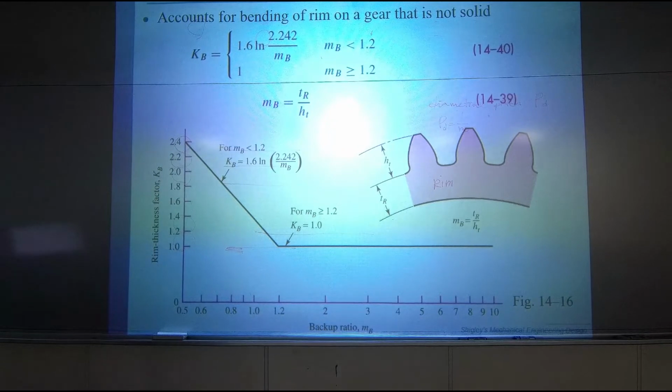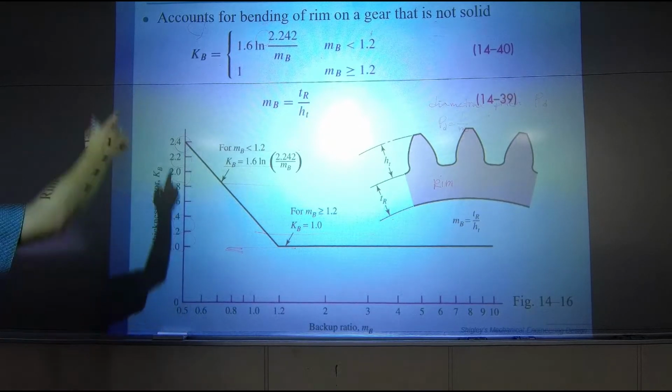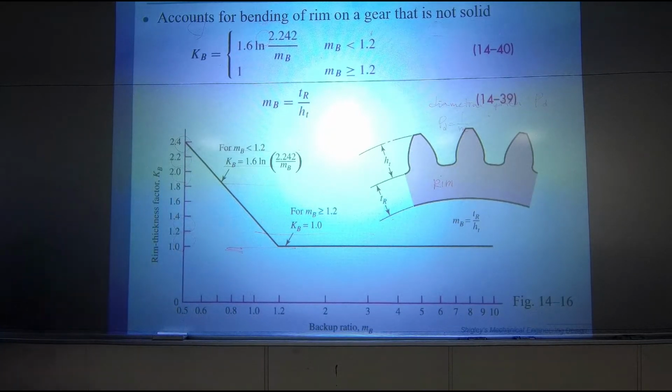So the rim could be bending because it's not completely structured with material. It's empty inside. So the ring could be bending. That's why they have a correction as well.